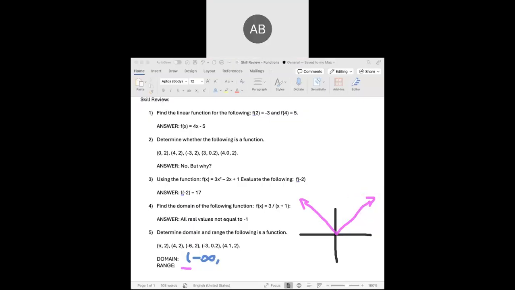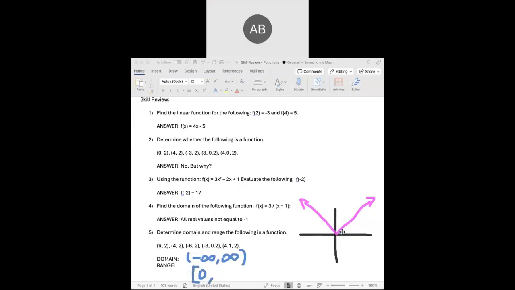So you have to look at the arrows. Good. What about the range? Remember, the range is lowest, highest. It's the lowest value. 0. Do we include or exclude 0? Include. Yes. I'm actually not sure.